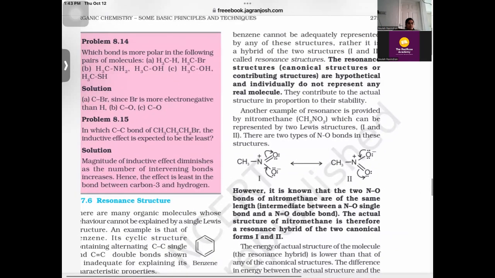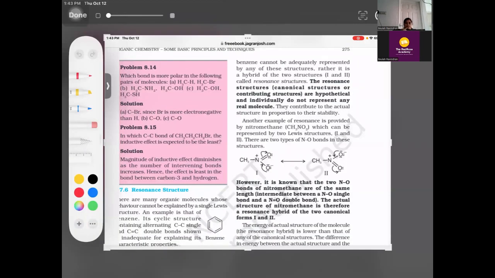See here. So what is the resonance right now? We saw two canonical structures, right? What are the two canonical structures we saw? For example, we saw like this, right? These two canonical structures, where the bond will be either this way or this way.